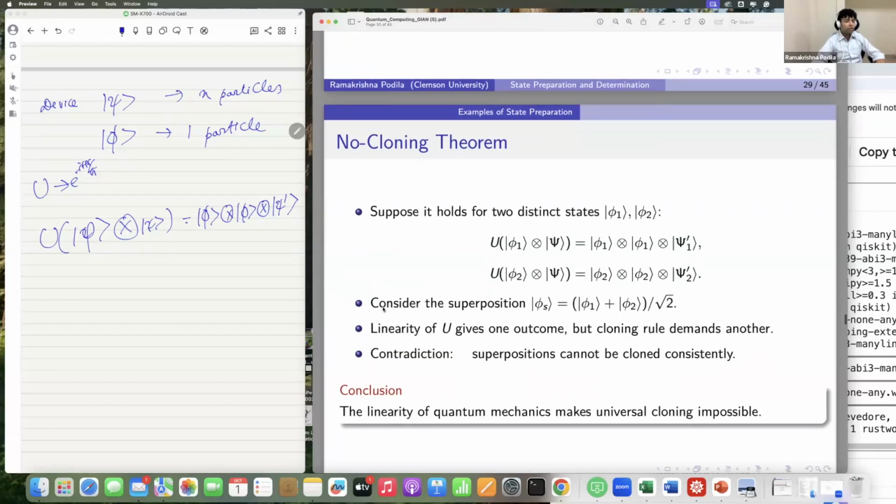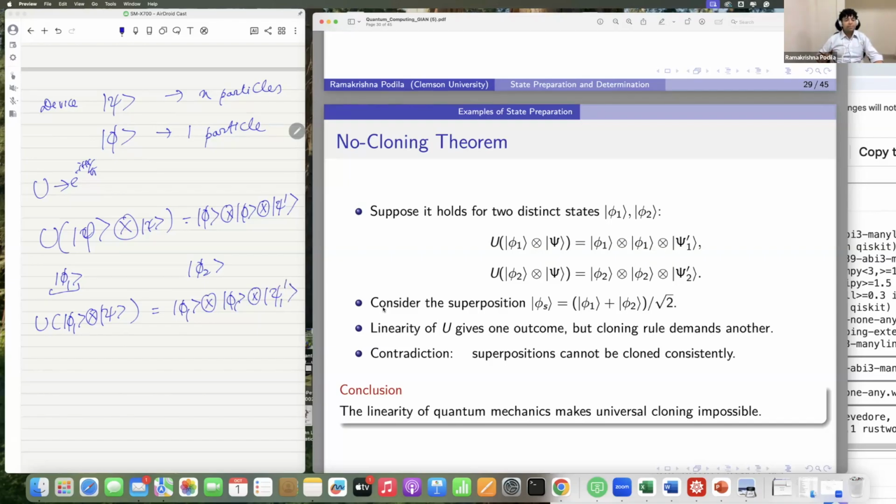So let us say we take two distinct states. Let's say we take one particle in state phi1 and one in phi2. Again, when I mean this state, what I mean is a preparation procedure, right? Please bear that in mind. So for this phi1, I do U on phi1 times psi, and then I get phi1, phi1, and the device goes to some state psi1 prime, right?